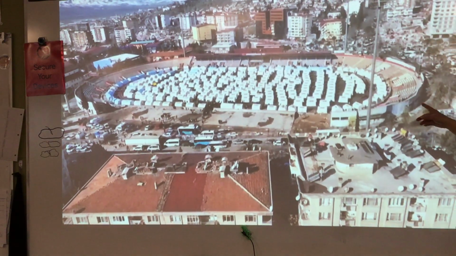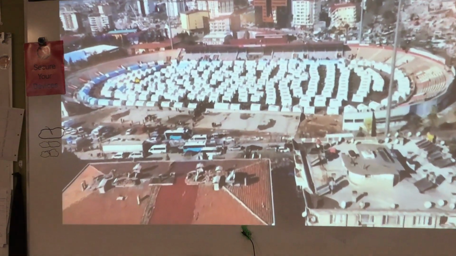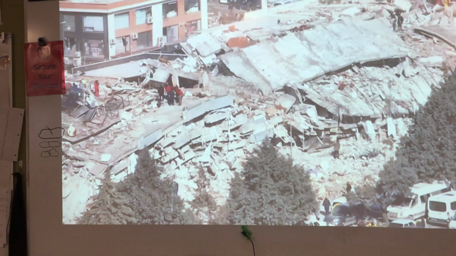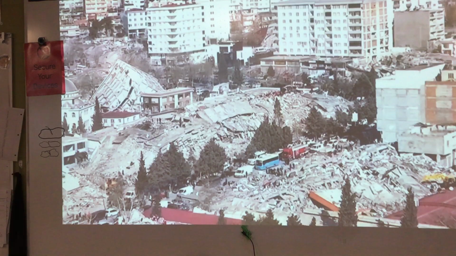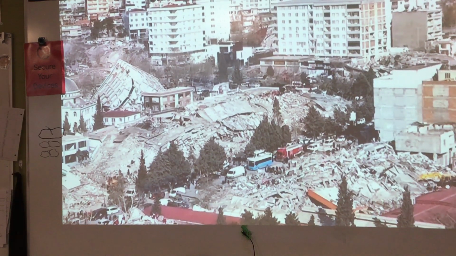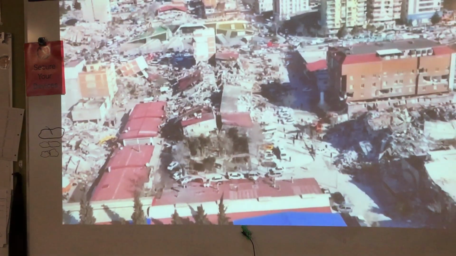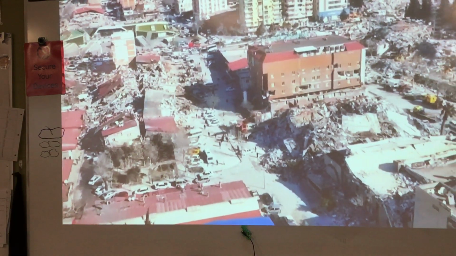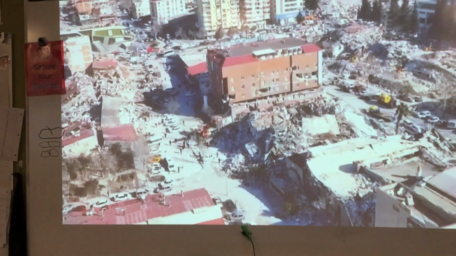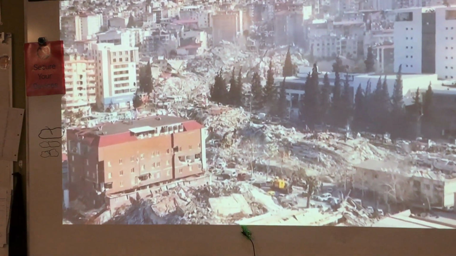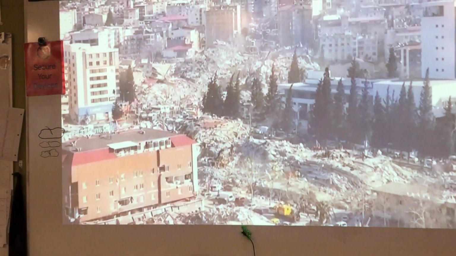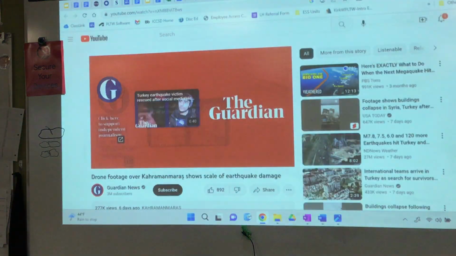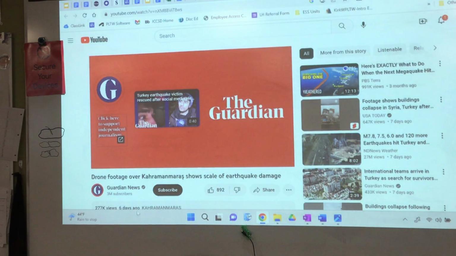And this is a stadium, so where do you make a place for people? That was an apartment building. People are still searching, hoping that people are alive in there. People are out in the street with burn barrels, just trying to stay warm, and of course, holding vigil for their loved ones. Oh my God. We are very lucky. We are very lucky. So my thoughts are for your family and the people of that area.